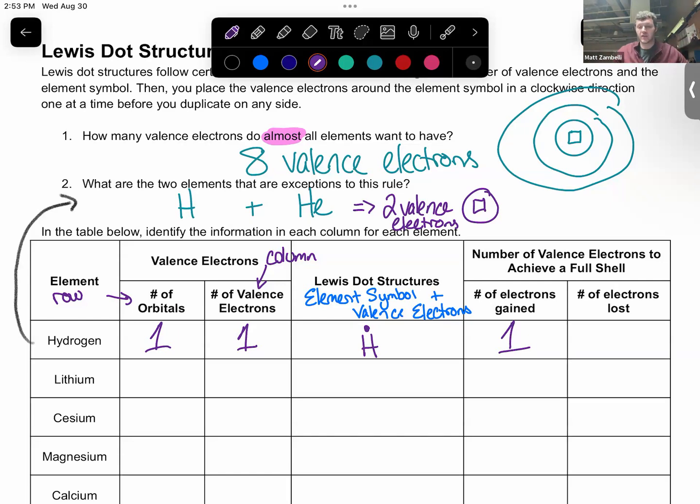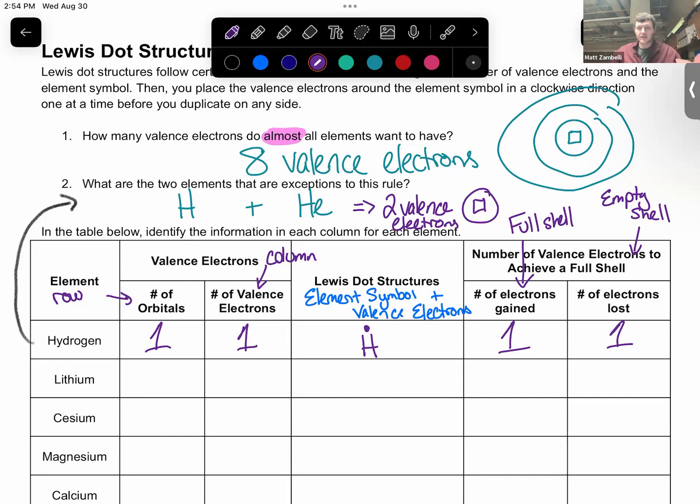And if we lost one, our shell will be empty, which is the other option. So in this one, we want a full shell or a full orbital, and in this one, we want an empty shell or an empty orbital. We gain one, we have a full one; we lost one, we'd be empty.